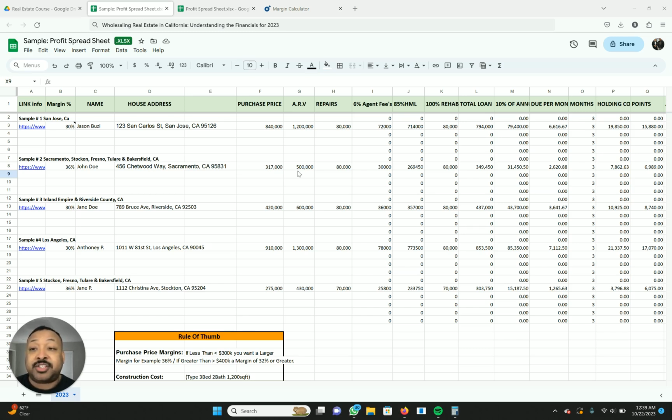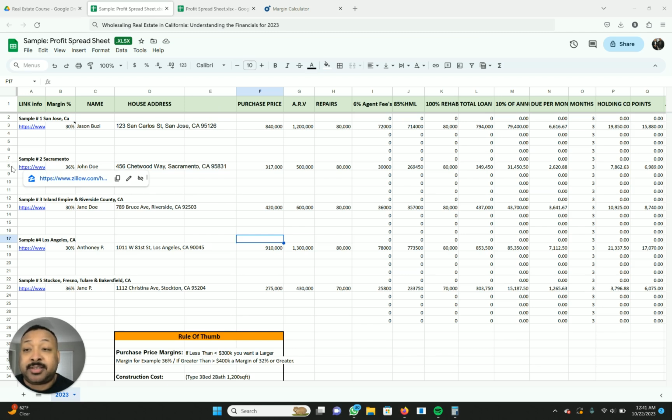In the Bay Area, 30% margins make sense. But when you go to other areas, for example Sacramento, where the median home price is $500,000, it's going to be a little bit tough to get a wholesale fee that makes sense for an end buyer if you're using a 30% margin.